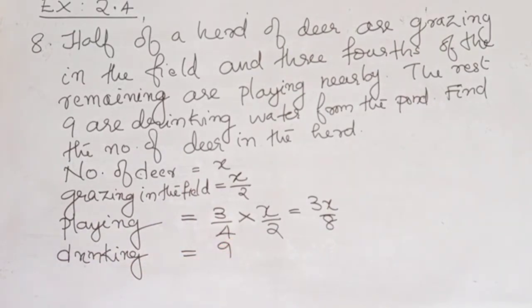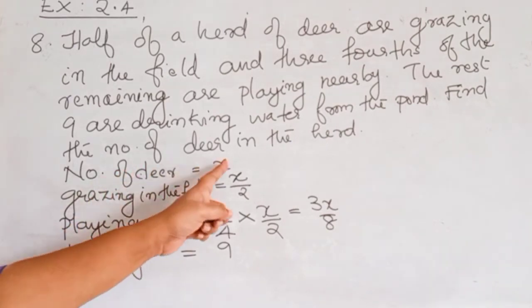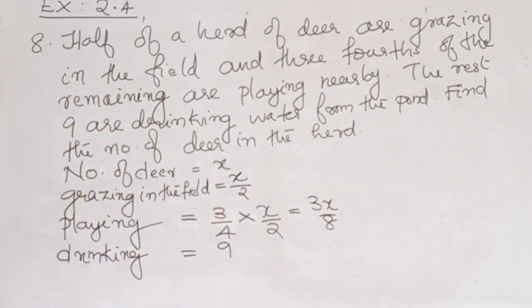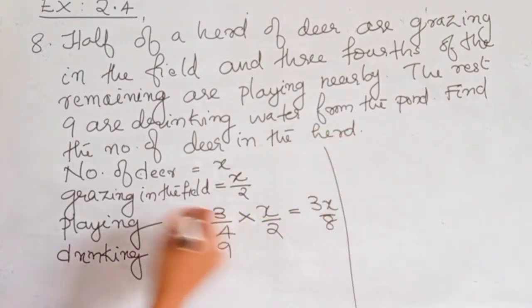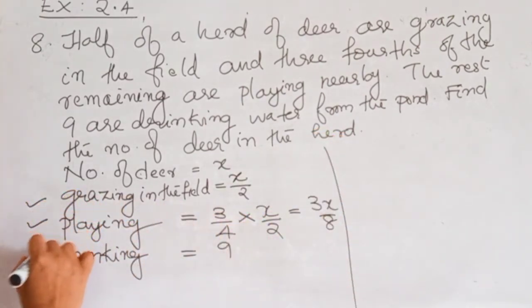And we know that the total number of deer, we took it as x. So we can make an equation based on this. Definitely when you add these 3, grazing, playing, drinking, you will get the total number. Correct?